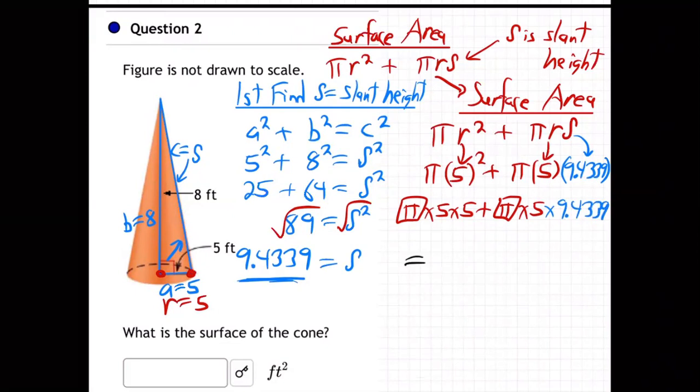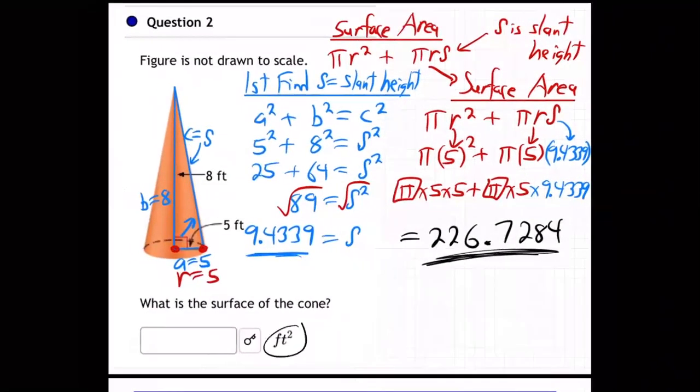Let's see. So use that pi button. I'm getting 226.7284. There we go. Again, they didn't say how many decimals, I just give them 4. That's plenty. That's square feet because area is square units.